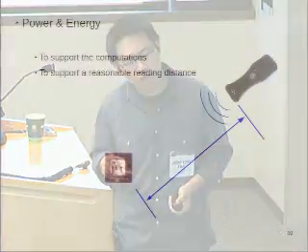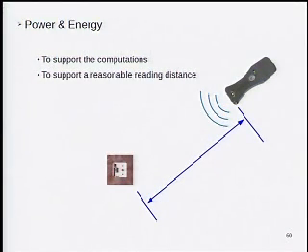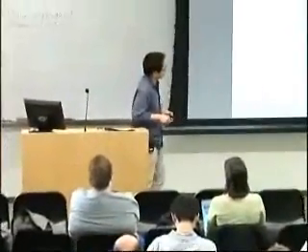And also, the distance between the reader and tag depends heavily on the power consumption. You see that the closer the tag is to the reader, the higher the energy density is, so you can have more power. So if you want a larger distance, this thing has to use even lower power consumption.